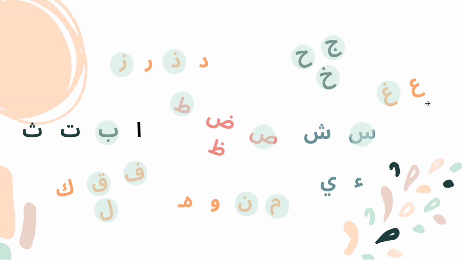So let us give it a try with the letters. Let us, for example, pronounce the letter ha. Because we all know that we cannot pronounce a sukoon letter on its own, we need a supporting letter before, because we cannot start our reading, our pronunciation with a sukoon letter.